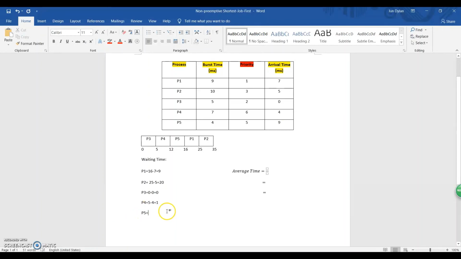For P5, its starting time is 12. Its arrival time is 9. So we take 12 minus 9 equals 3. After all the waiting times are calculated, we sum them all up.